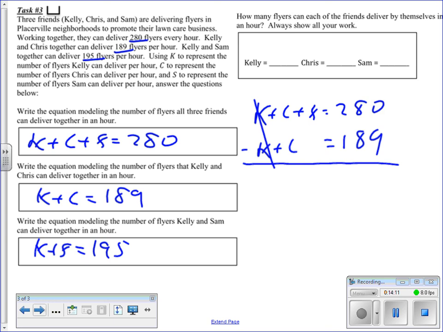Subtract. The K's cancel, the C's cancel, you get Sam, and then you do your subtraction and you get how many Sam could do: 91. So Sam could do 91.